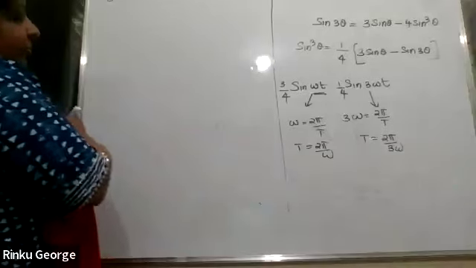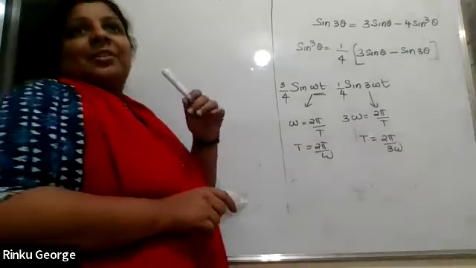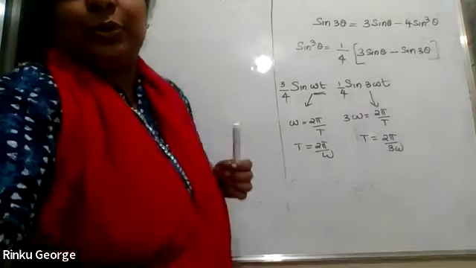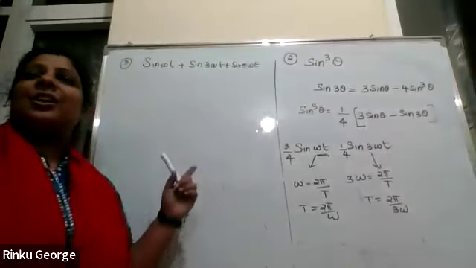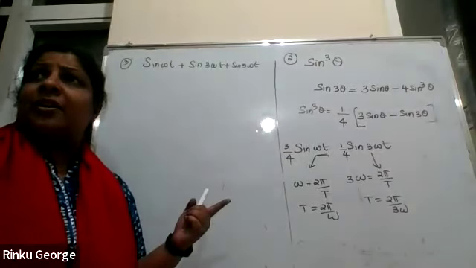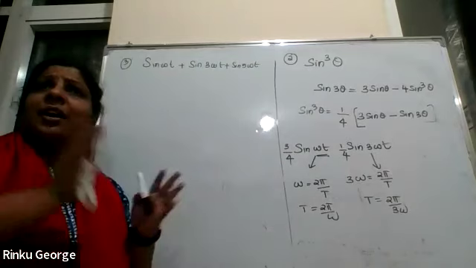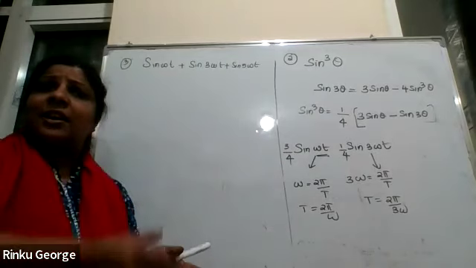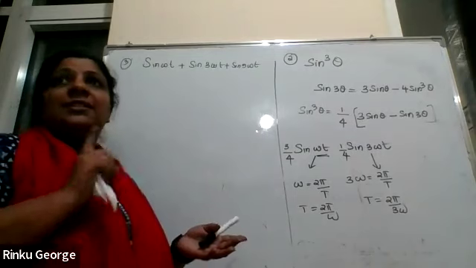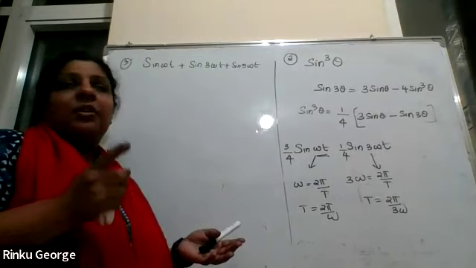Is it SHM? No, this is not SHM, because omega t, 3 omega t, 5 omega t, you cannot combine. It's not in SHM. So immediately after seeing it, you know whether it is in SHM or not.